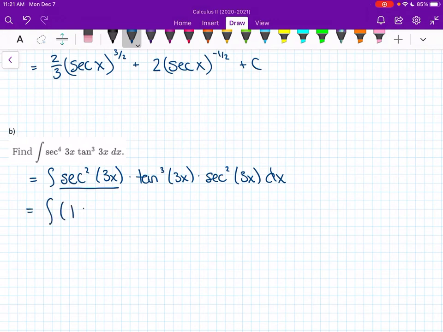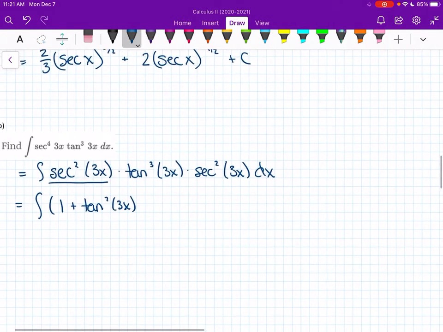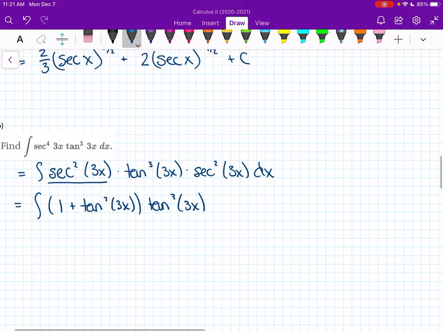So I get (1 + tan²(3x)) times tan³(3x) times sec²(3x) dx.